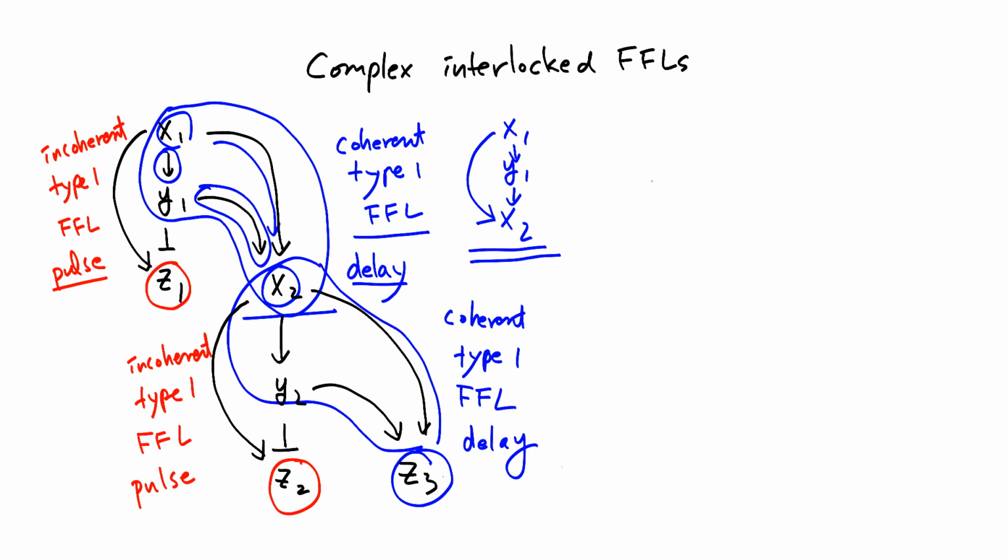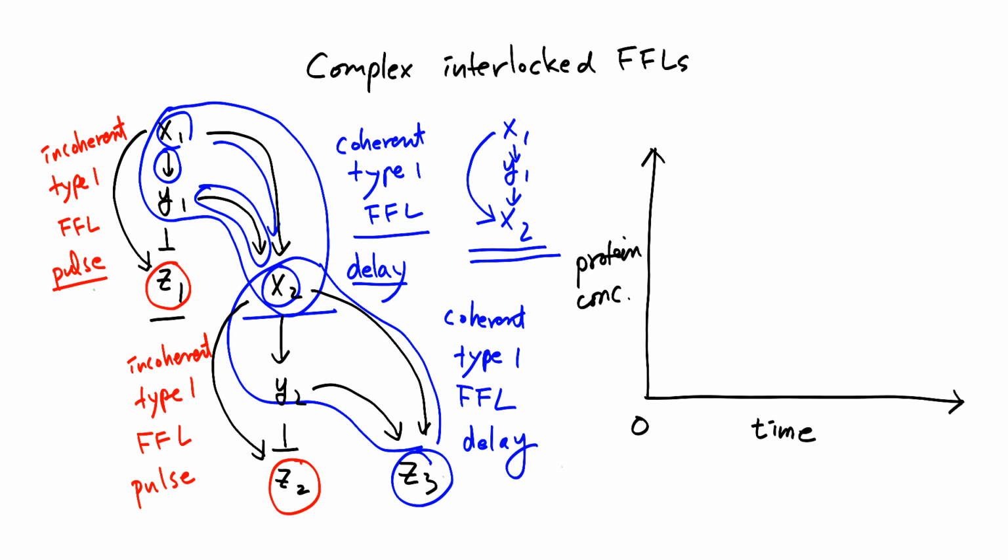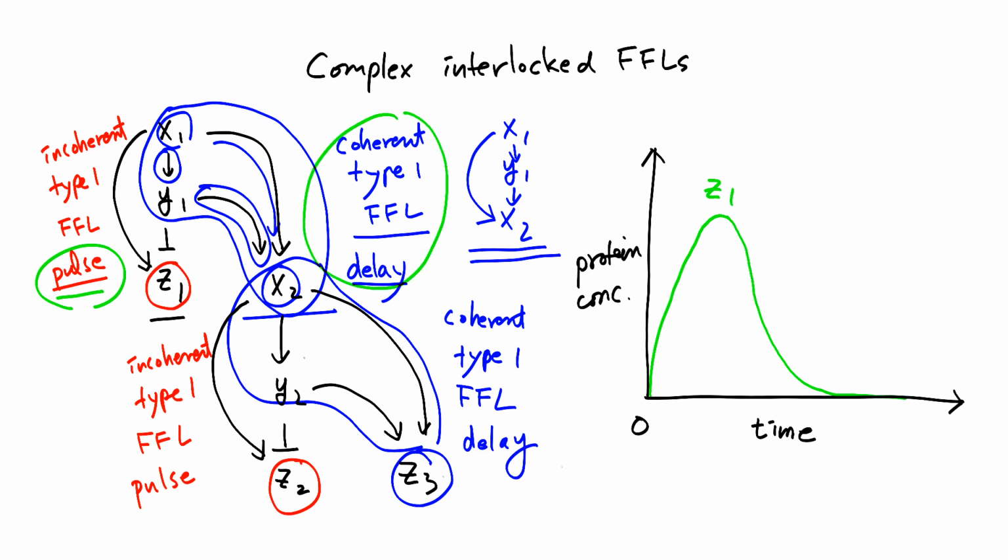Let's draw the dynamics. We know that Z1 has pulse-like expression. And after some time delay caused by this coherent type 1 FFL, we have another pulse-like expression, which is Z2. After some time delay, which comes from here, Z2 is expressed and also inhibited.